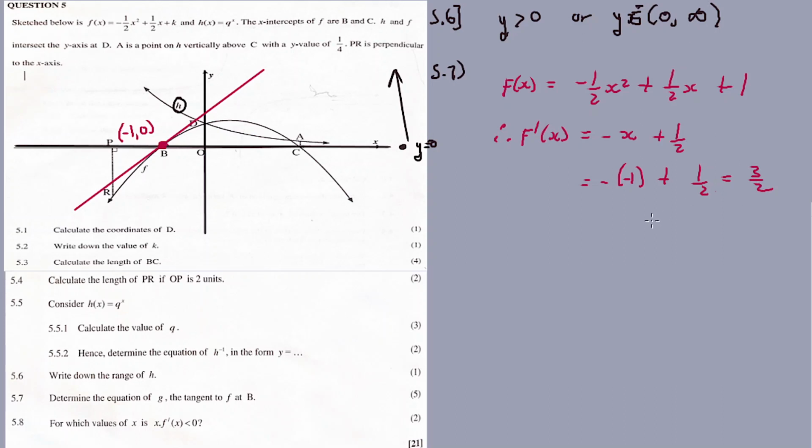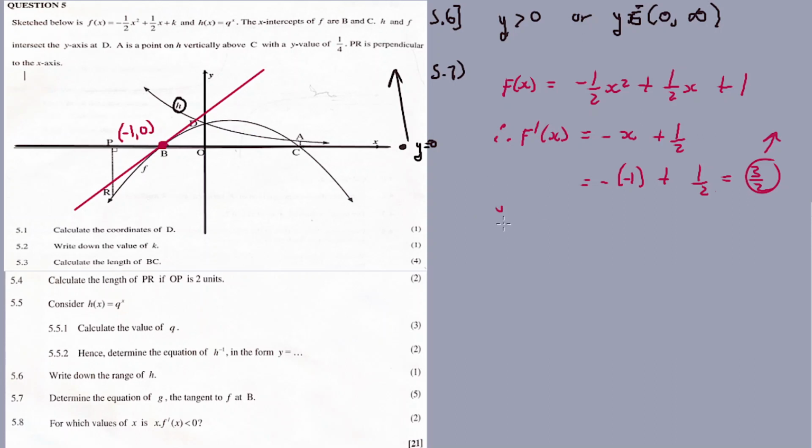This is the gradient of the parabola at B. It's also the gradient of this tangent at B. And I also have a point, minus 1 and 0.